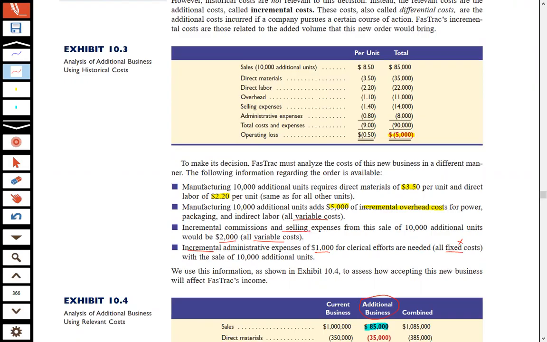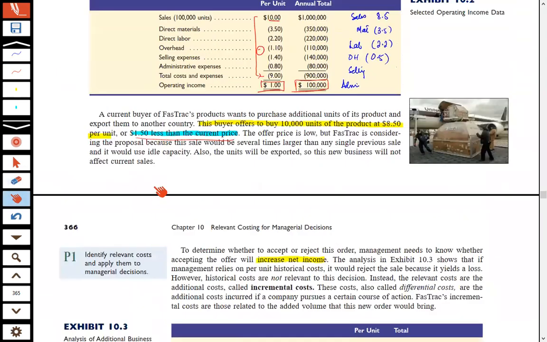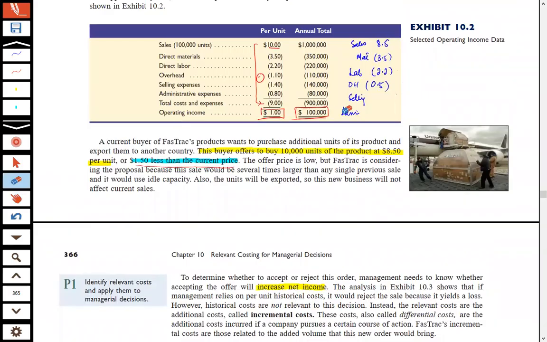Selling expenses are variable, so they will be in the CM. 2,000 divided by 10,000 is 0.2 per unit. So CM is 2.1. Since CM is positive in this case too, there is an indication that the offer can be accepted.